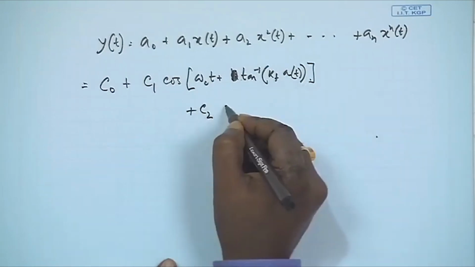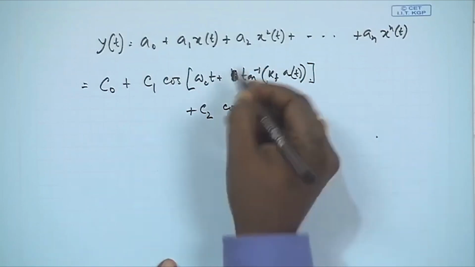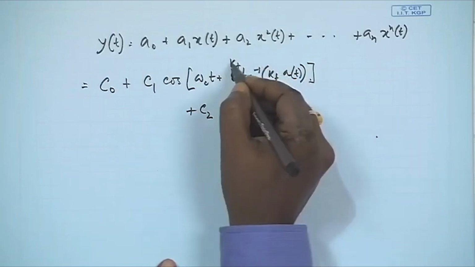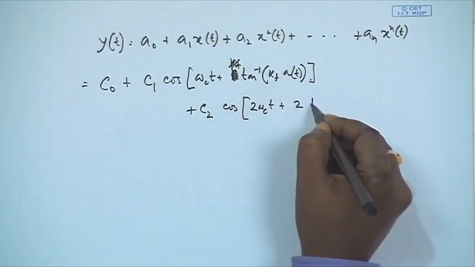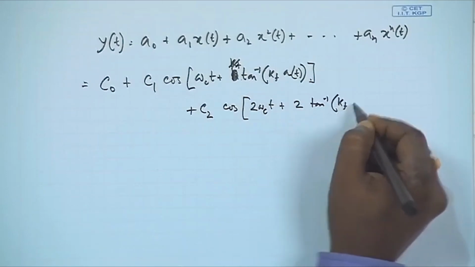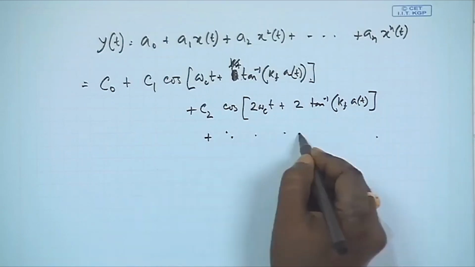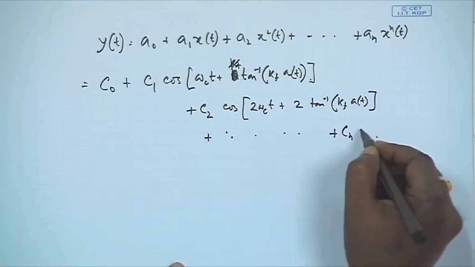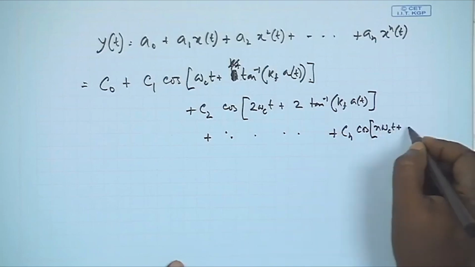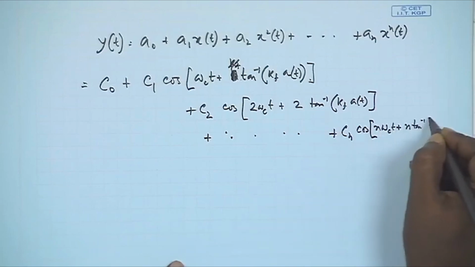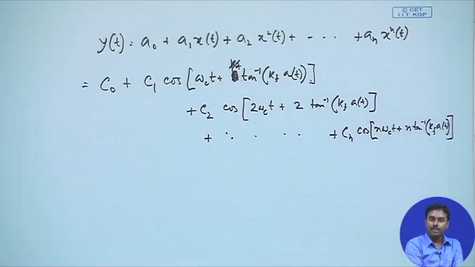Plus some C2 into cos 2 omega ct plus 2 into tan inverse kf into at, and then up to Cn cos n omega ct plus n into tan inverse kf into at. This is what will be happening.